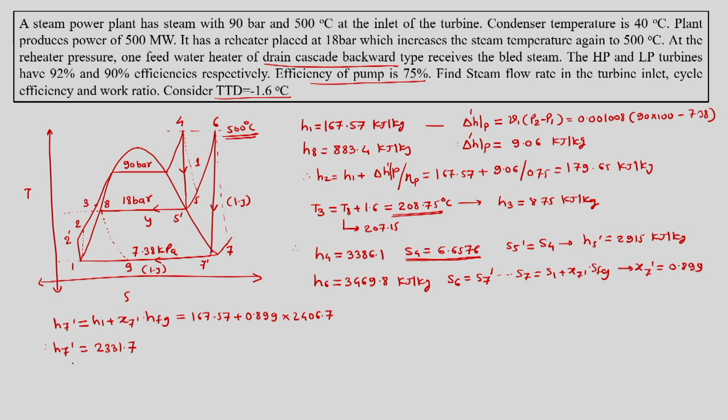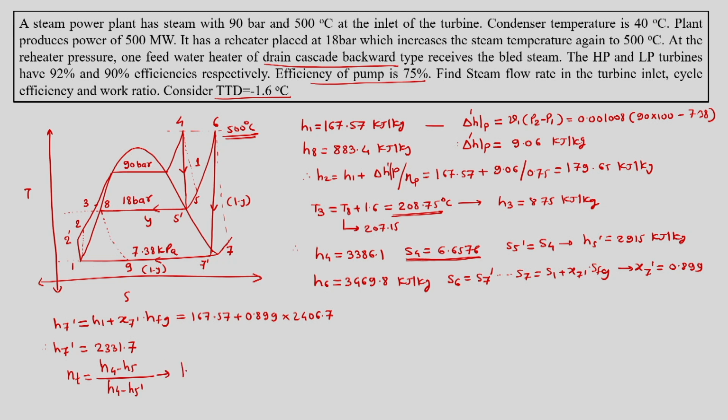Now we can find out H5, where we note that turbine efficiency is equal to actual work, which is H4 minus H5, divided by ideal work, which is H4 minus H5 dash.